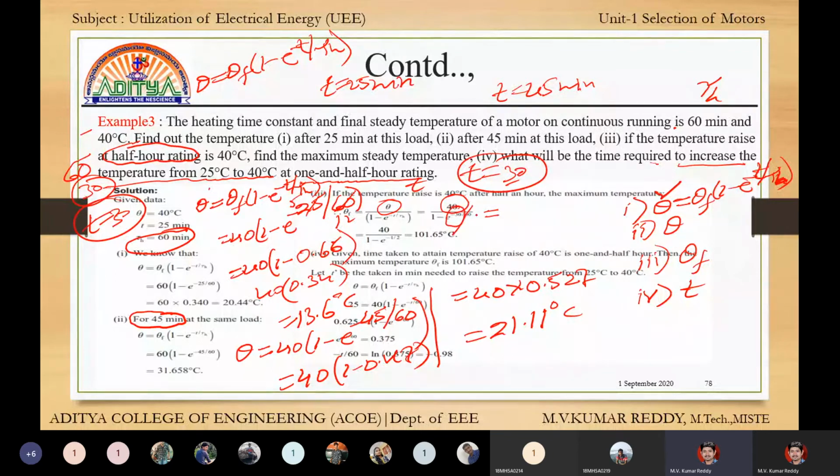Put t is equal to 30 minutes here. Tau h value is 60.